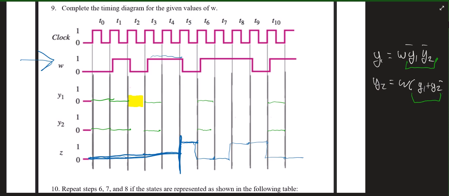I look at the previous two clock cycles and I determine what Y1 bar and Y2 bar are. Well, Y1 was 0, Y2 was 0, so Y1 bar is 1, Y2 bar is 1. So Y1 bar times Y2 bar is 1, so this gets me 1.